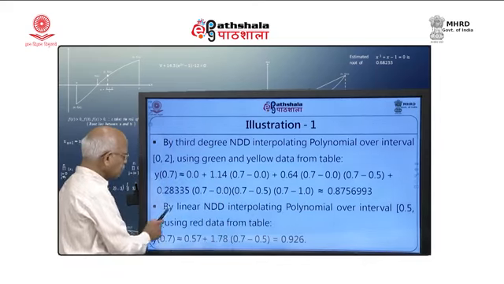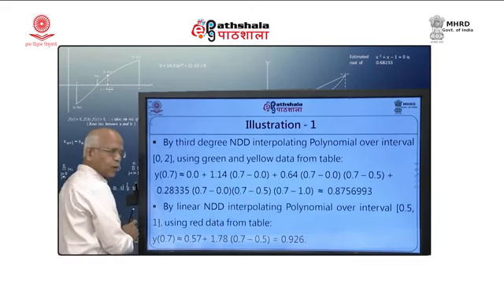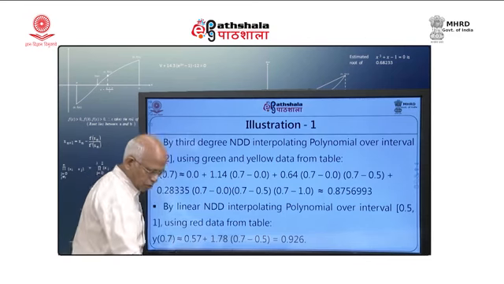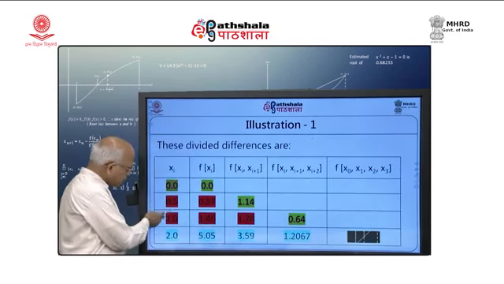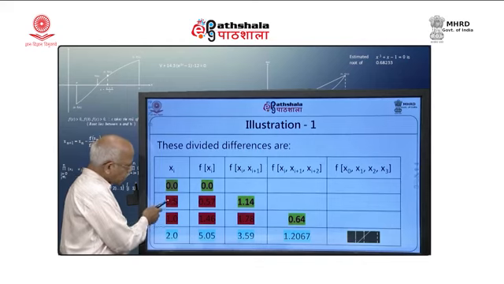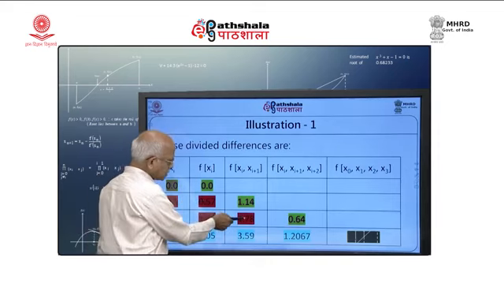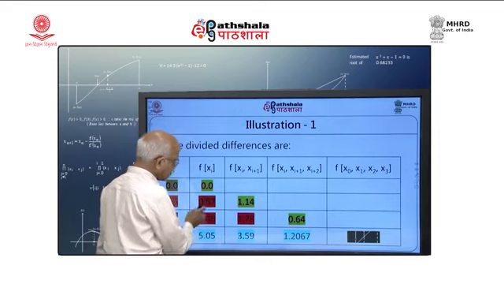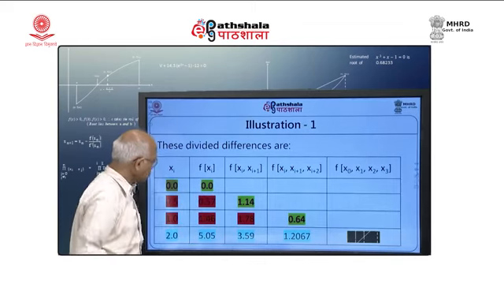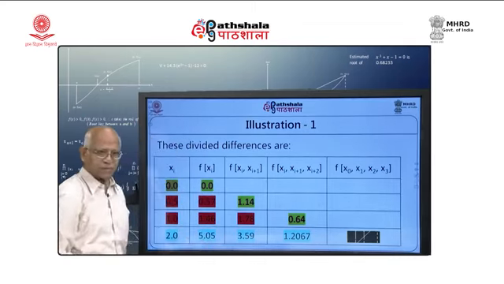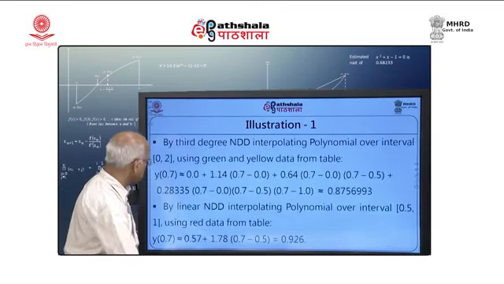So, my x 0 will be 0.5 and x 1 will be 1, and therefore, if you look at the table here, I have to look at these 2 points and the corresponding divided differences. So, these are the data I am going to get. This data I am going to consider as 0.57 and 1.78, and that is what I am going to use in order to evaluate this.